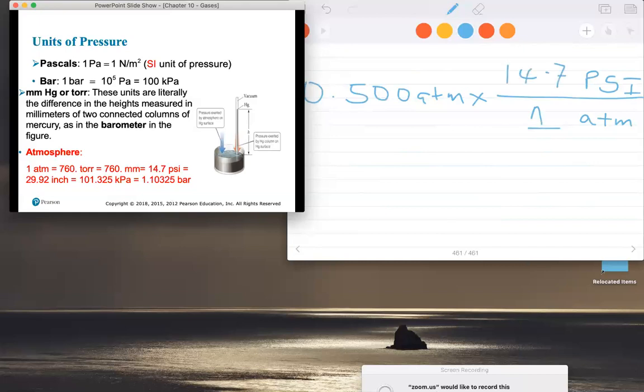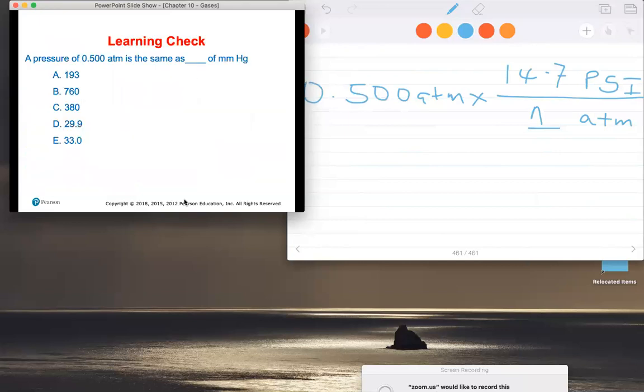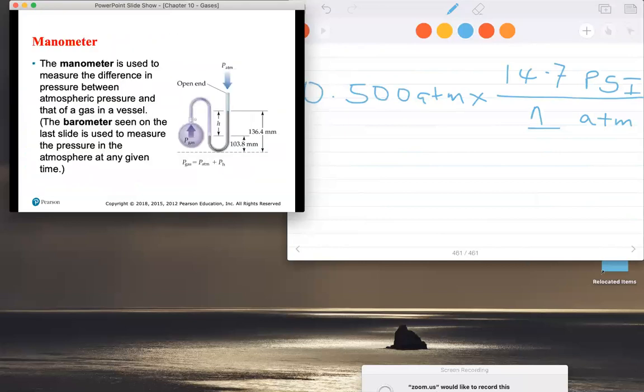That's what it means. If it is inches mercury, you'll do the same thing. If it is kilopascals, you'll do the same thing. Just remember, using dimensional analysis, you can convert pressure from one unit to the other unit.